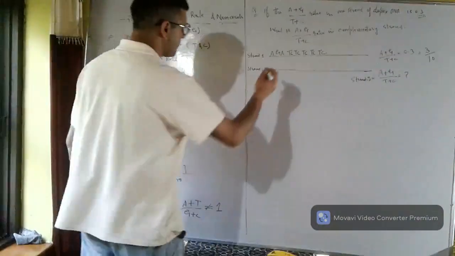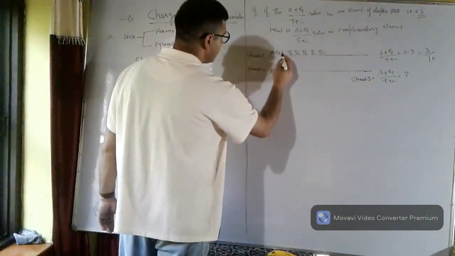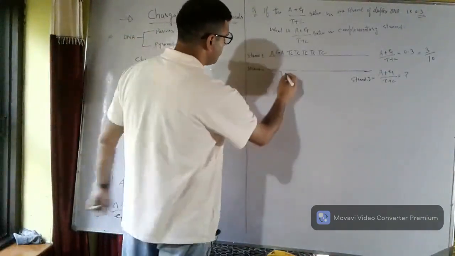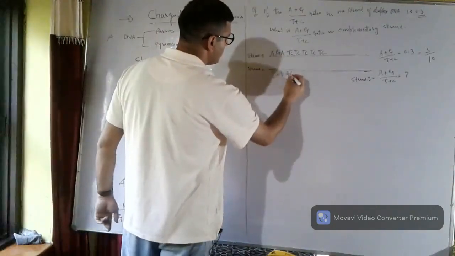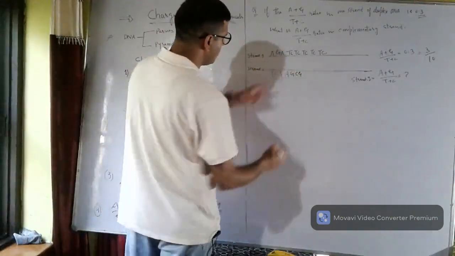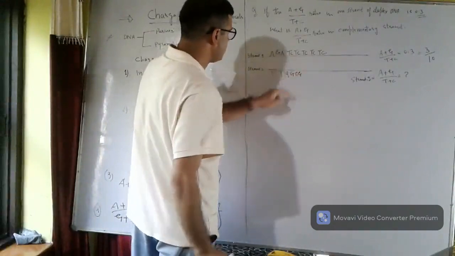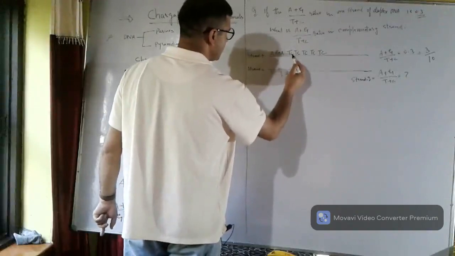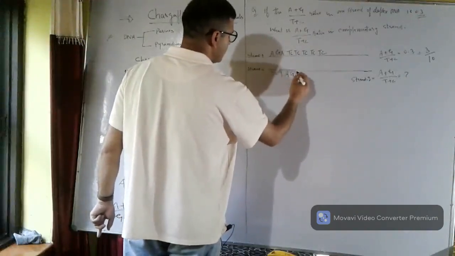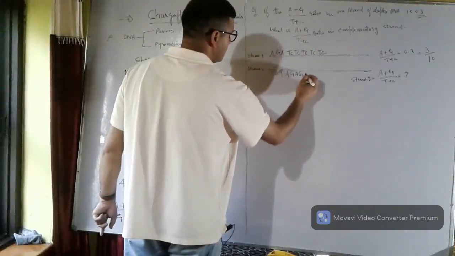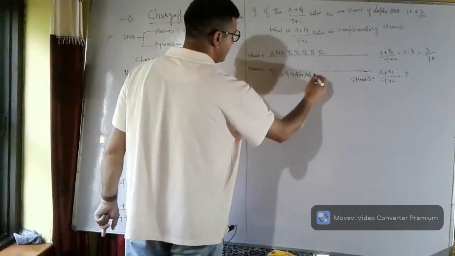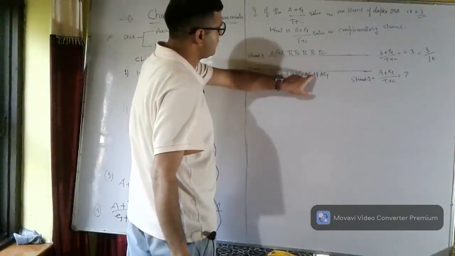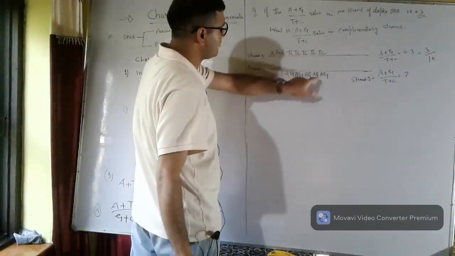Adenine always pairs with thymine, and cytosine pairs with guanine. Thymine always pairs with adenine, adenine always pairs with thymine, and cytosine pairs with guanine.